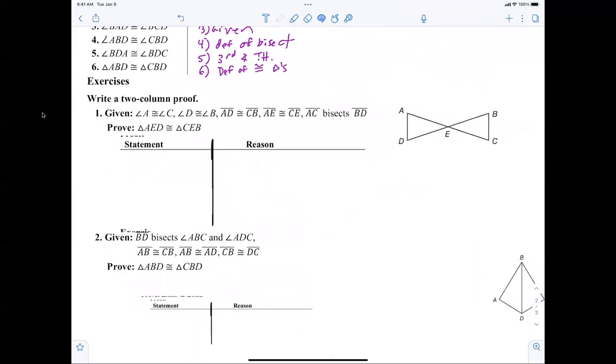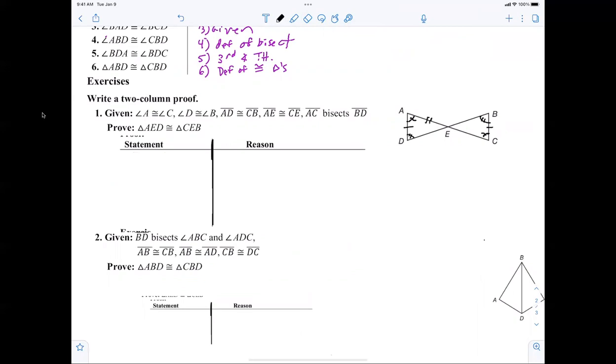All right, let's mark the figure. Angle A is congruent to angle C. Angle D is congruent to angle B. AD is congruent to CB.